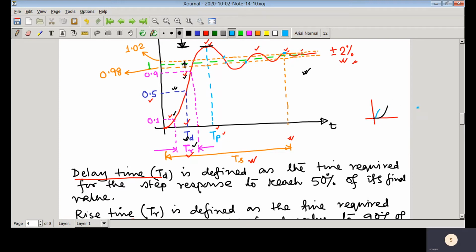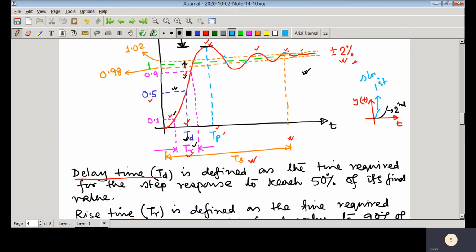The reason is, this is the second order system, and this is the first order system. In case of second order system, at t equal to 0, the slope is 0. But in case of first order system, the slope is the inverse of the time constant. That thing we have seen.